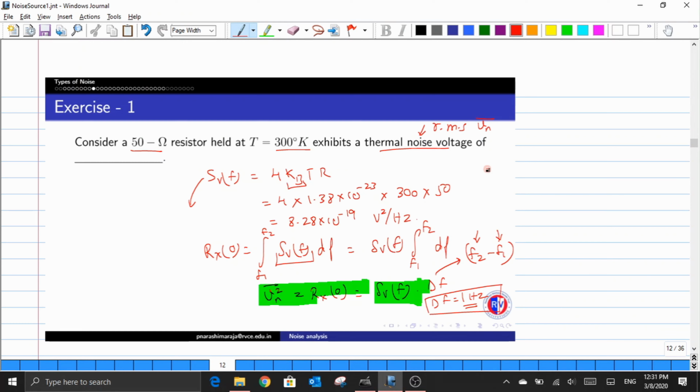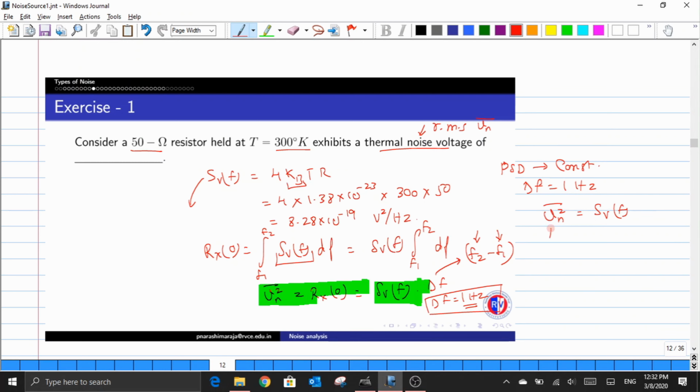This happens whenever the power spectral density is constant, that is, it is not a function of any frequency term, and if the frequency band is not specified, then the value of delta F is considered to be 1 Hertz. So under these two conditions, one could write that the mean square value is exactly equal to our power spectral density quantity.